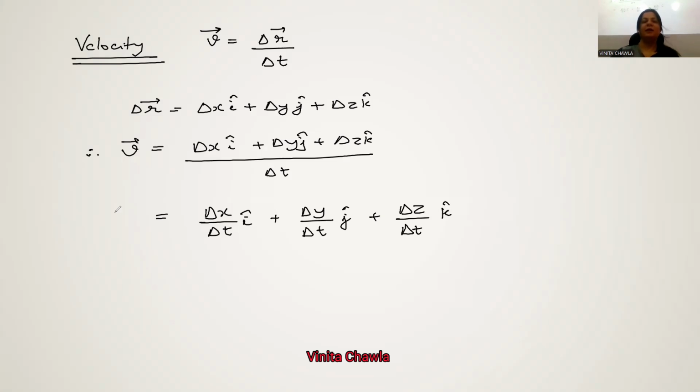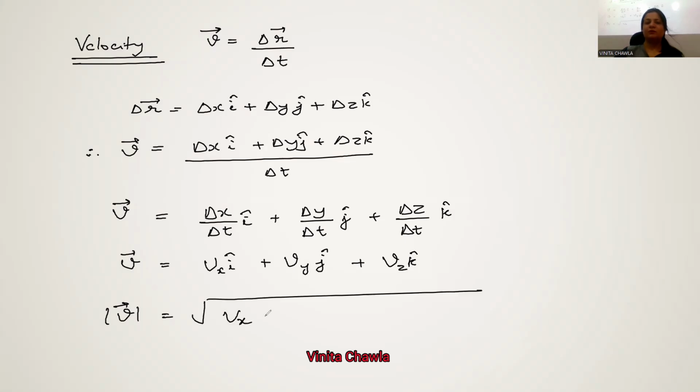See, this delta x by delta t is the velocity component along the x-axis. Okay, and this is the velocity component along the y-axis. This is the velocity component along the z-axis. Okay, and if we have to find the magnitude of the velocity vector, then we can write the square root of vx square plus vy square plus vz square.